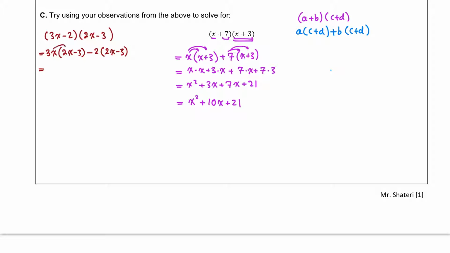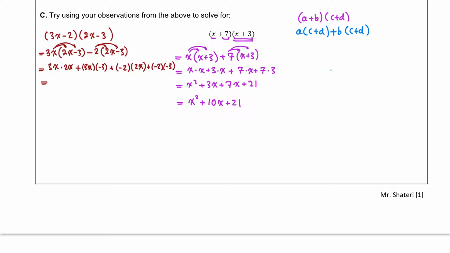And then I will distribute, so 3x times 2x plus 3x times negative 3. And then I will distribute the negative 2, so I get plus negative 2 times 2x. And then I get finally plus negative 2 times negative 3.